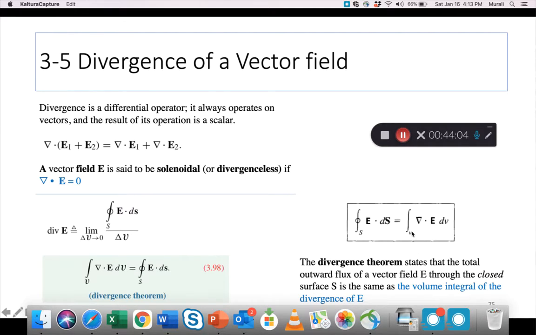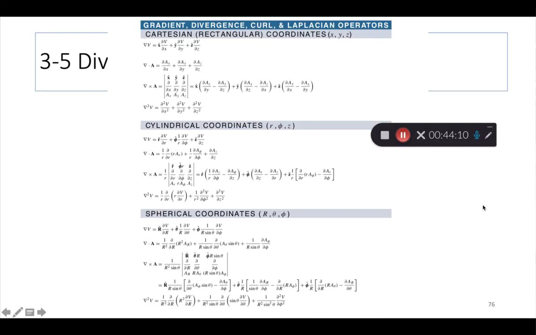So this is an important theorem. We are going to look at some problems related to the theorem. Moving ahead.